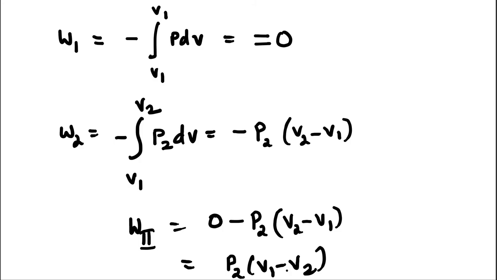Let's see here. So which is the greater work? The work in path 2 or the work in path 1? Work in path 1 is P1 times V1 minus V2, whereas work in the second process is P2 times V1 minus V2.